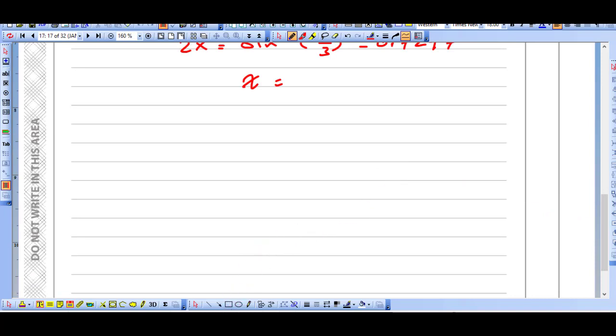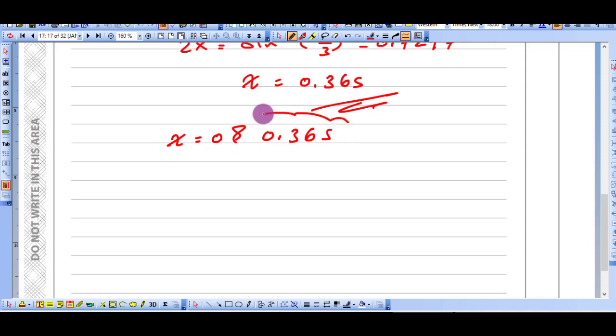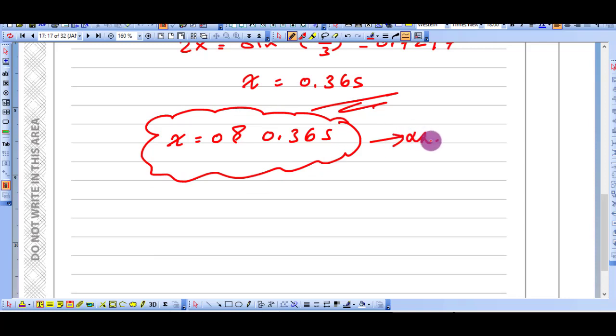So x is equal to this value divided by 2, and he needs 3 decimal places. So 0.365, and this is the second x. So x is equal to 0 and 0.365. And this is the answer of this question.